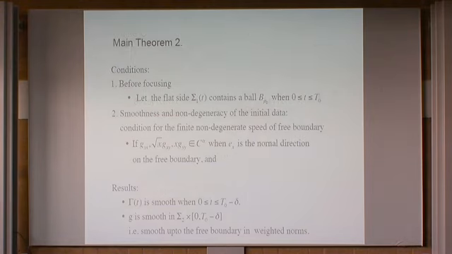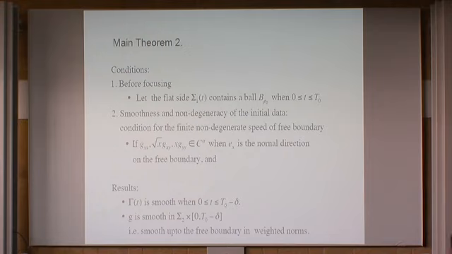And then to show the theorem, let me briefly say what the theorem is. There are conditions. The initial condition means basically your initial free boundary is moving with finite speed and non-degenerate speed. That's the condition.